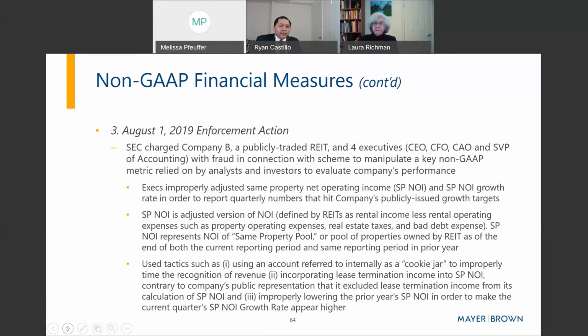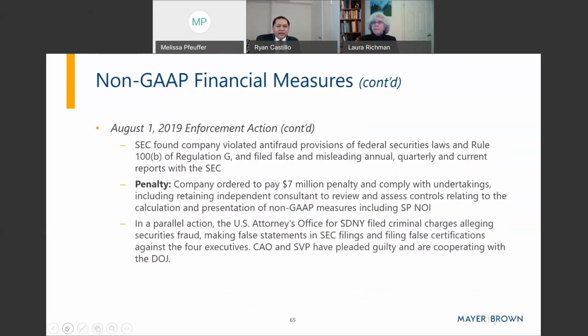It employed improper accounting tactics, such as the timing of revenue recognition. The SEC found the company violated Regulation G and filed false and misleading financial statements. It ordered the company to pay a $7 million penalty. A parallel criminal action alleging securities fraud was pursued by the Department of Justice.